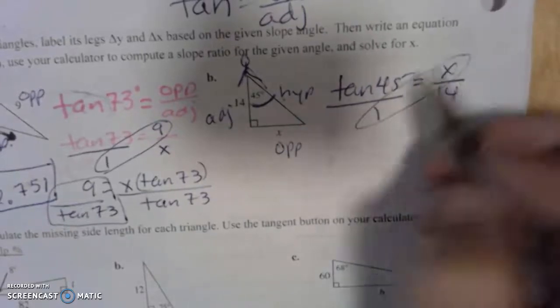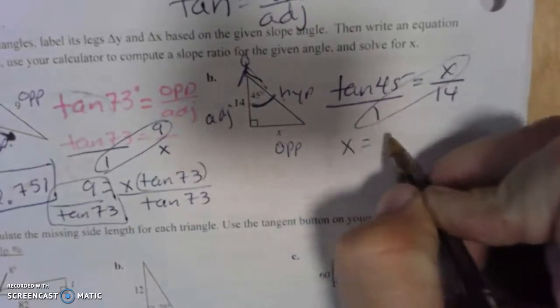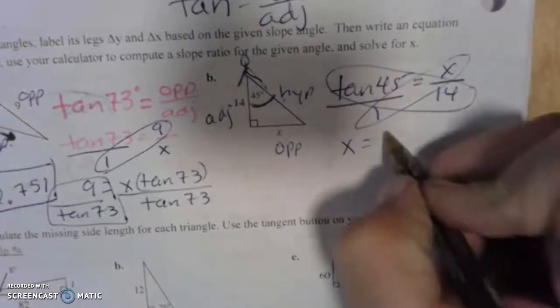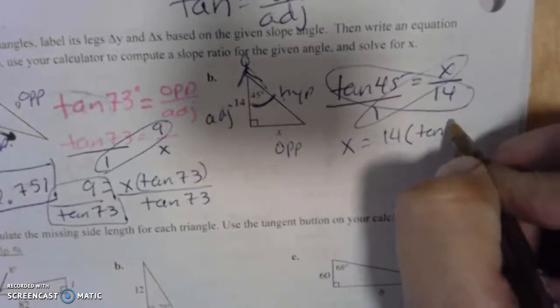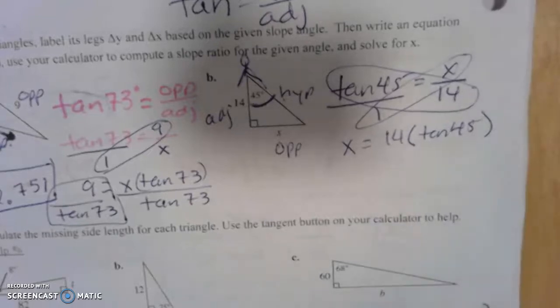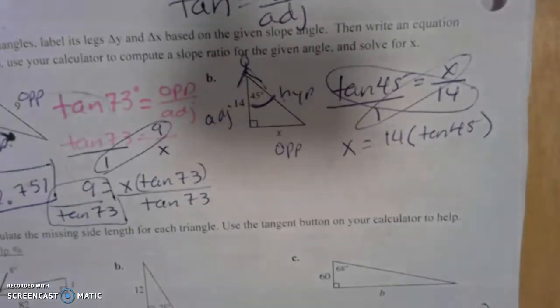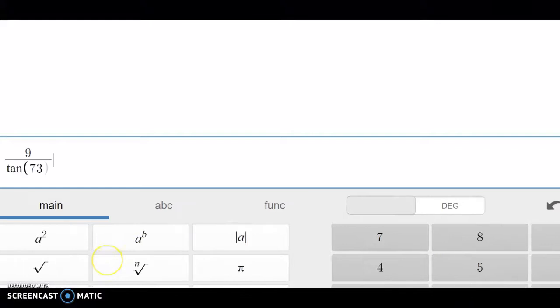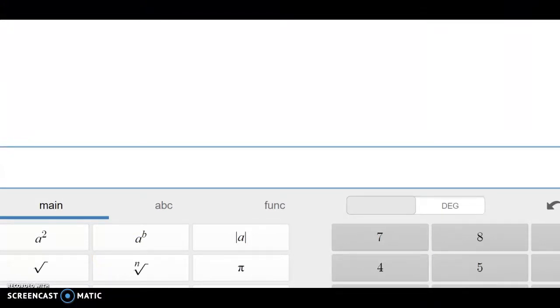Then we're just going to multiply. x times 1 equals 14 times tangent 45. We're going to go to our calculator and type that in. 14 times tangent.